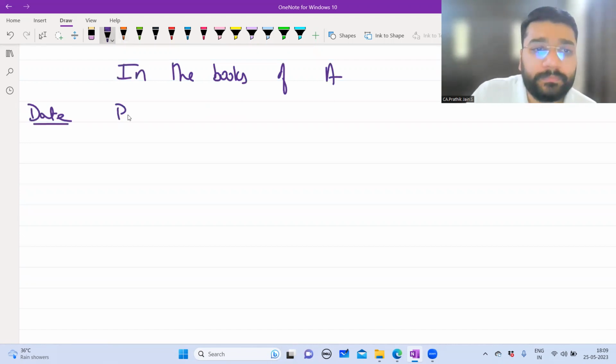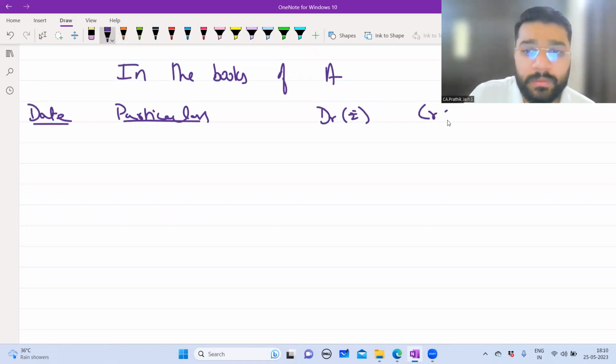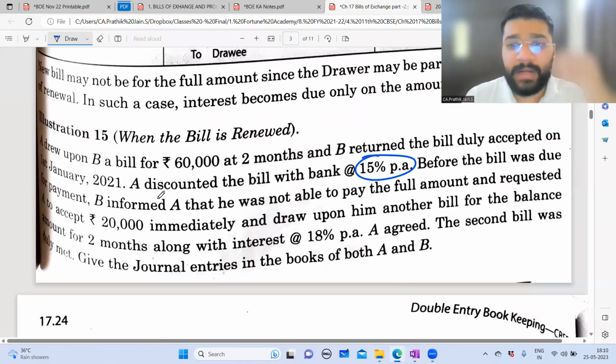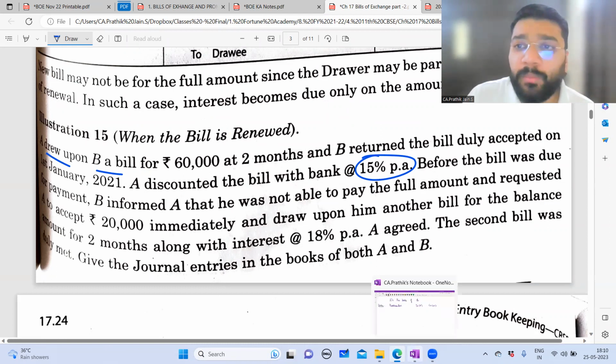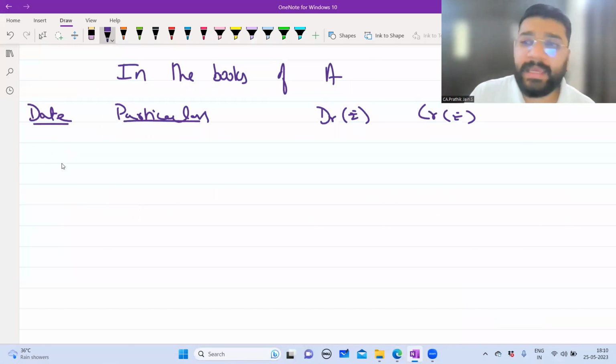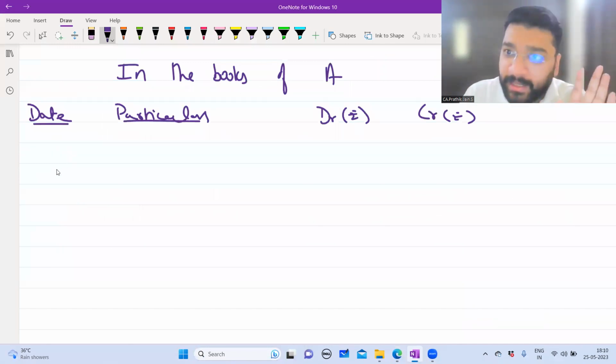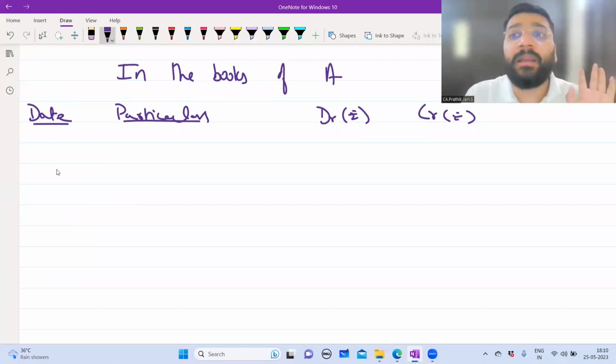Date, particulars, debit rupees, credit rupees. So guys, when the first transaction is happening, the transaction is about A drawing a bill. There is no information about the sale or purchase, so we can omit the sale-purchase entry, but I'm doing it here only for our knowledge purpose.